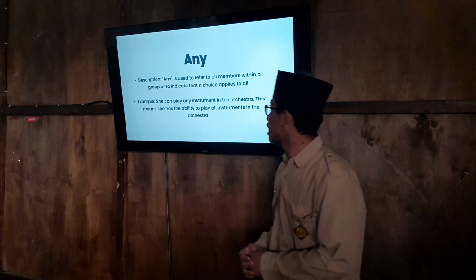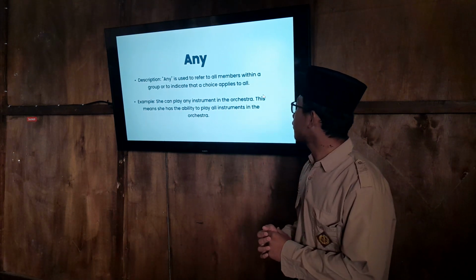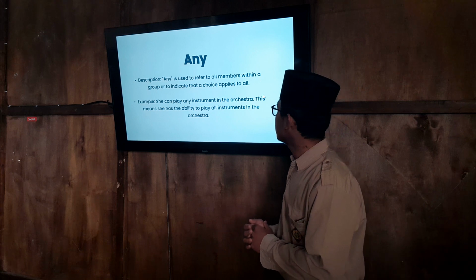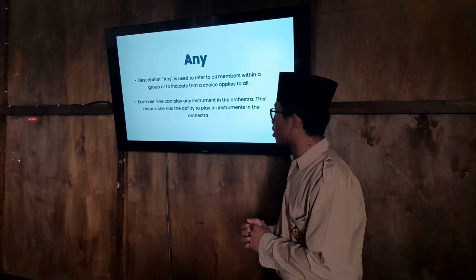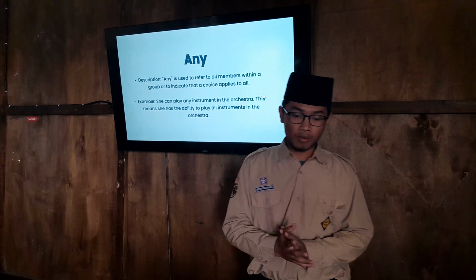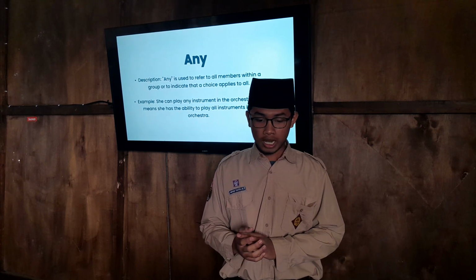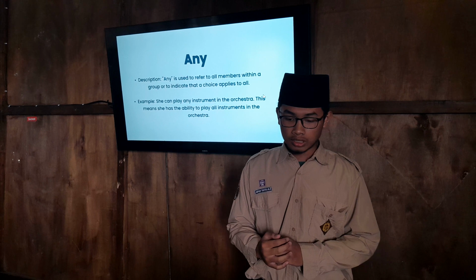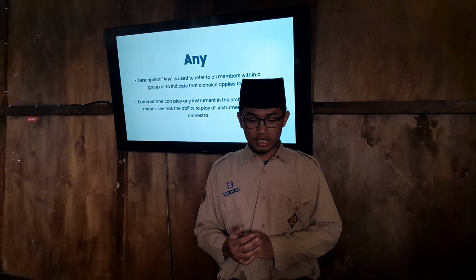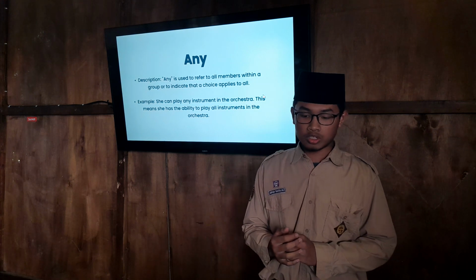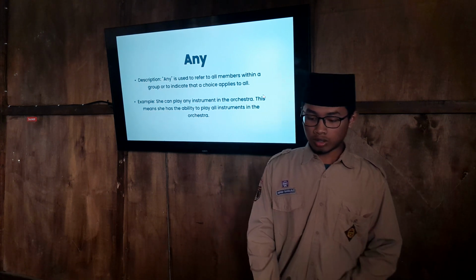So next is "any." "Any" is used to refer to all members within a group or to indicate that a choice applies to all. For example, she can play any instrument in the orchestra. This means she has the ability to play all instruments in the orchestra.